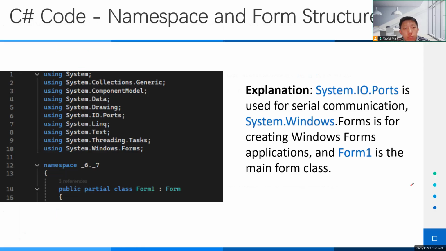System.Windows.Forms lets me make a simple Windows window, the interface we use to click buttons. The main part is the Form1 class. It's the window where all the buttons and the text box are.